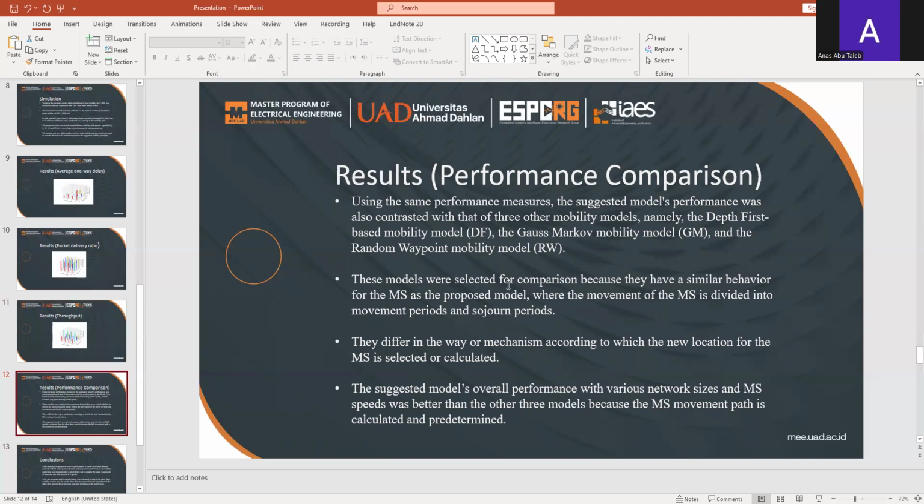These models were selected because they have similar behavior. In other words, the movement of the mobile sync is divided into movement periods and pause or sojourn periods. They differ from the proposed model in the way in which the mobility model is constructed or derived.